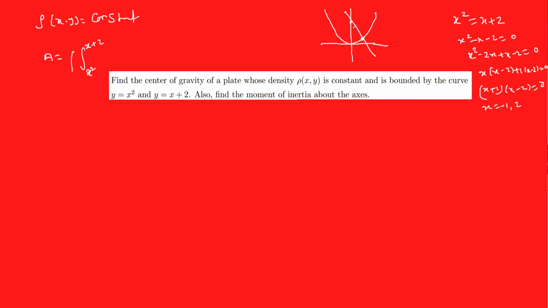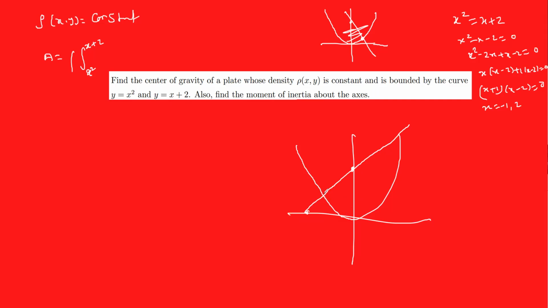Actually, I drew the figure wrong because point of intersection is minus 1. So this is parabola. Put x is equal to 0, y is equal to 2. And put y is equal to 0, x will be minus 2. This is line. That's why point of intersection is minus 1.